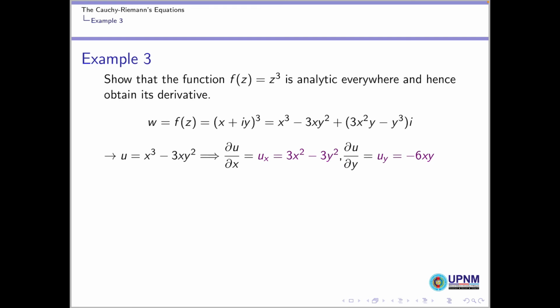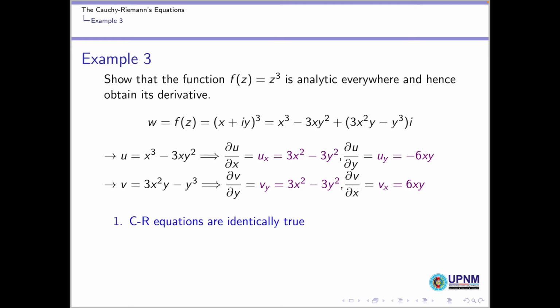The same goes for the v component, for partial derivatives v_y and v_x. We can simply conclude that u_x equals v_y and u_y equals negative v_x, where these CR equations are identically true, and then we can conclude that f(z) is analytic everywhere.